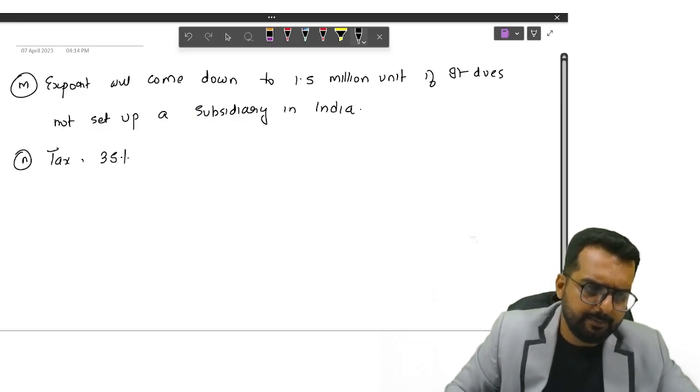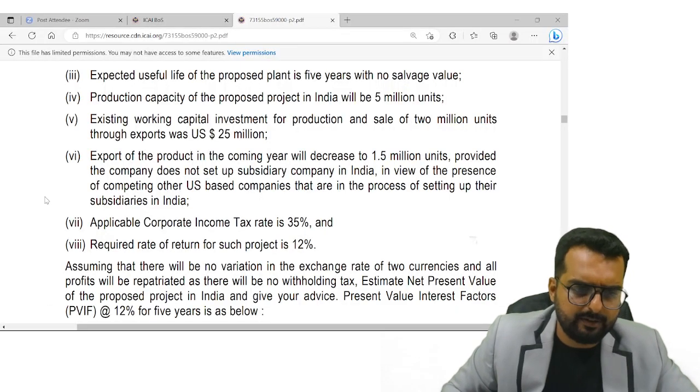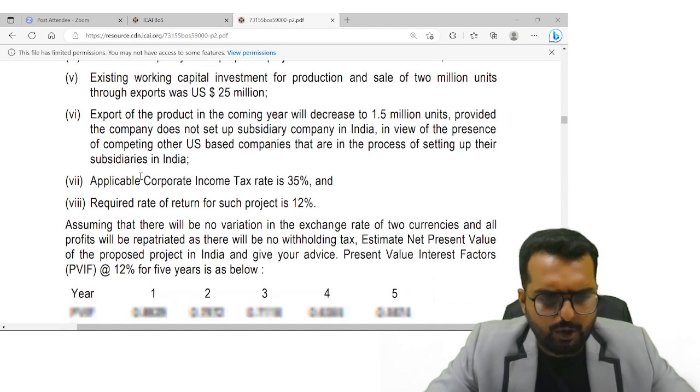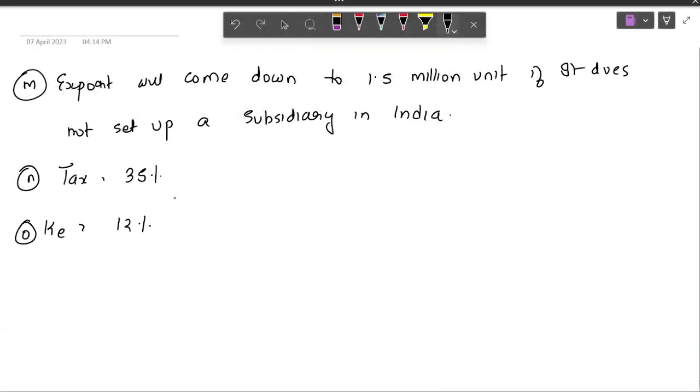Tax rate is 35 percent, and the KE of the project turns out to be 12 percent. I'll give you a minute now.